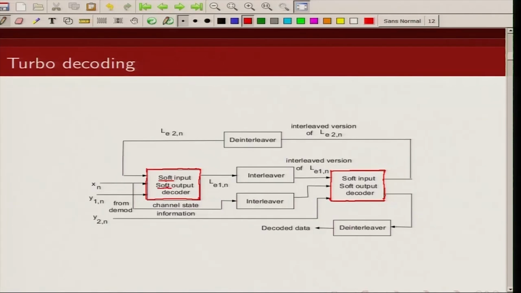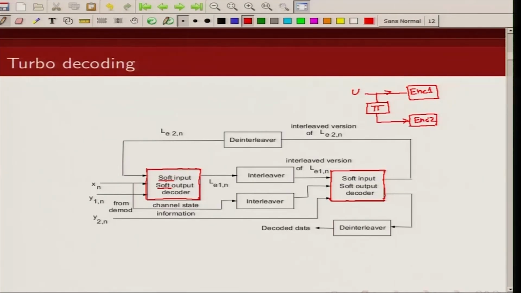If you look at this decoder structure, now recall our encoder diagram for a turbo code. We had one encoder, and this was an information sequence. This information sequence was permuted using an interleaver, which I am denoting by pi, and then this interleaved signal was sent to another encoder.